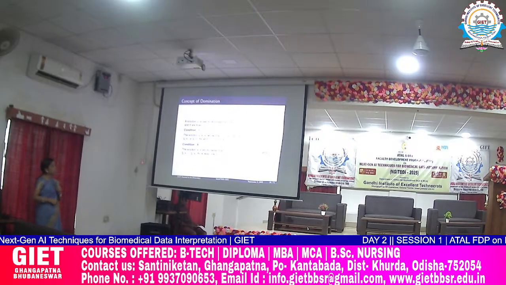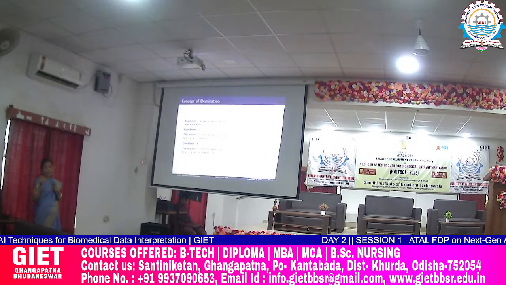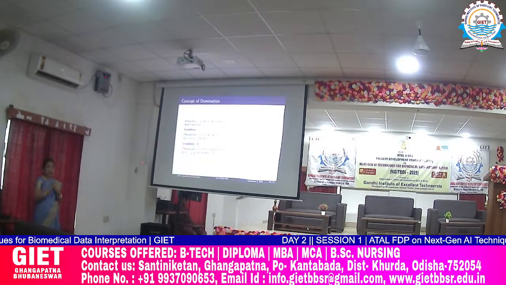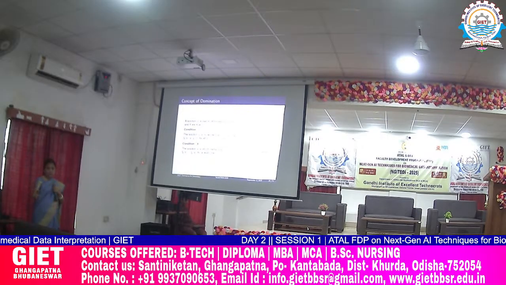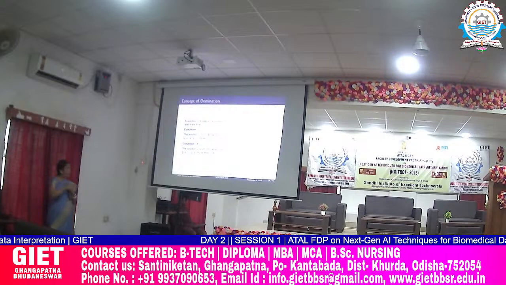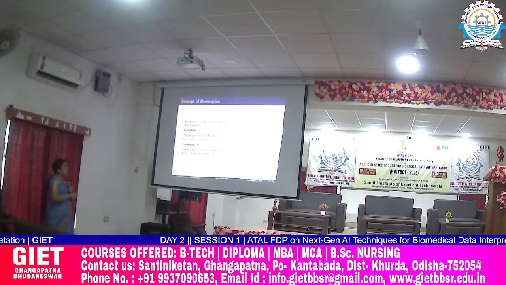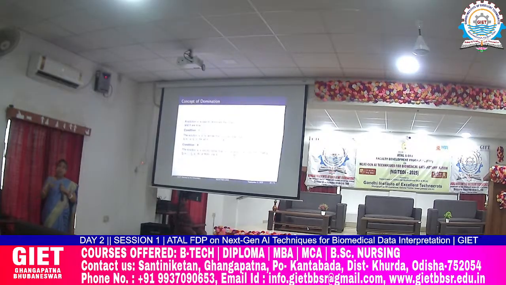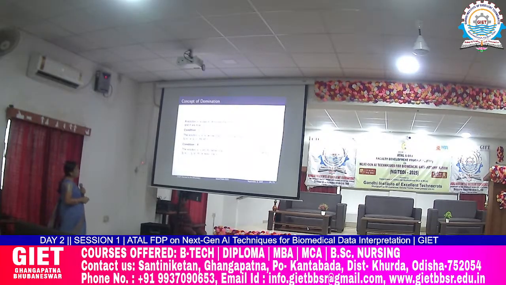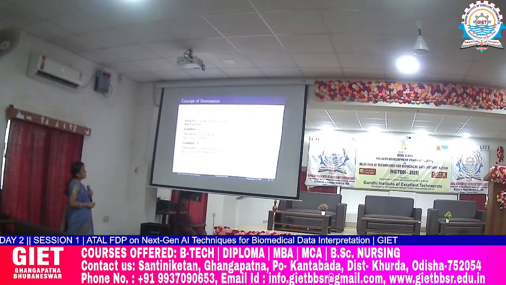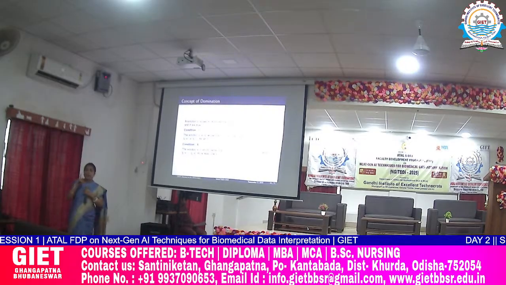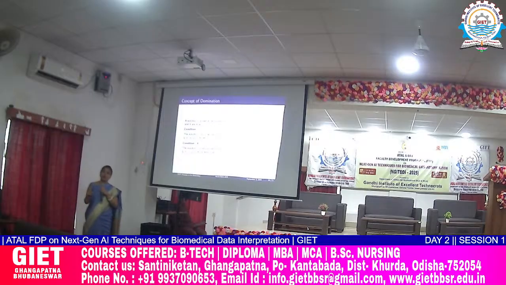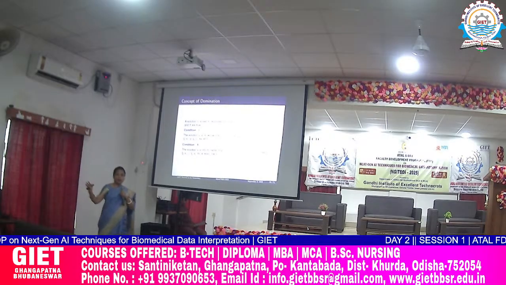There are two conditions. Suppose two solutions x1 and x2. x1 dominates x2 whenever the first condition is satisfied, and if both the conditions are satisfied, then only you can say that x1 dominates x2. The first condition is x1 is not worse than x2 with respect to all objectives.